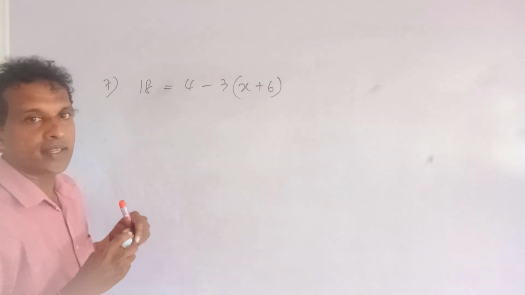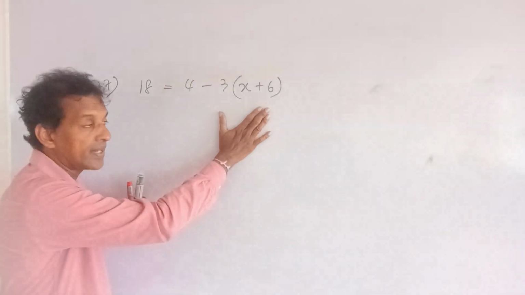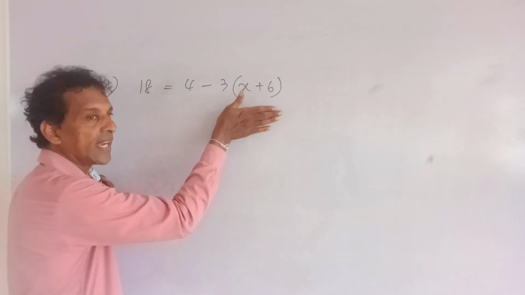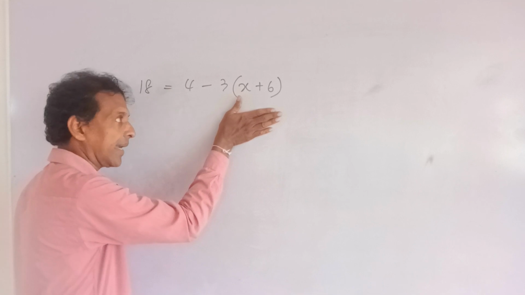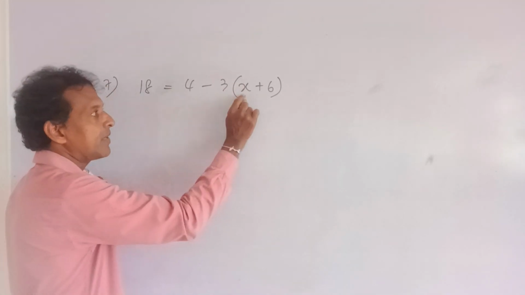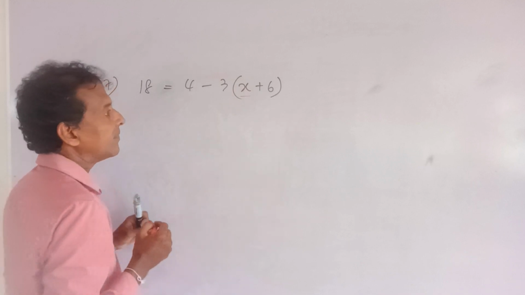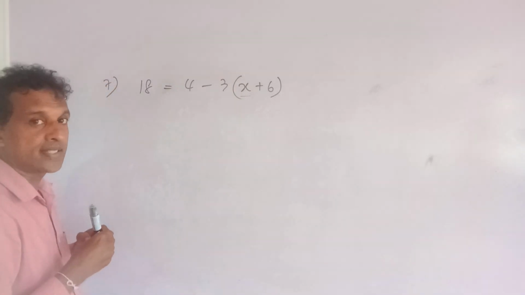I don't know whether you will get a fractional answer or whole number. Now the variable is on the right hand side, but it doesn't matter. We start with the variable. So the variable is x here.